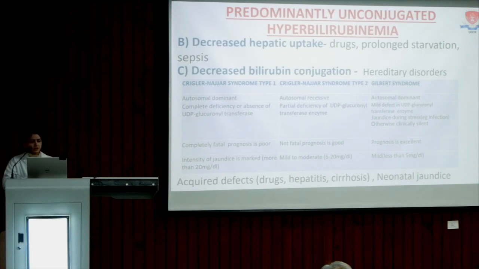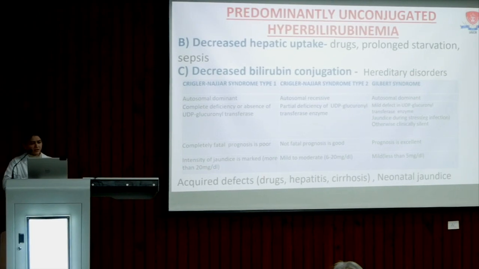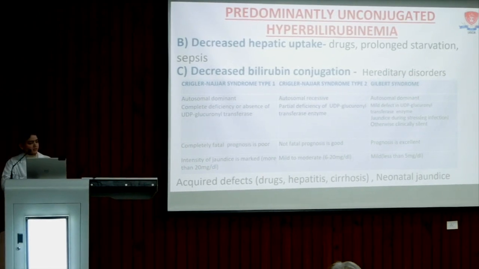So it is not fatal, and the prognosis is good. In Gilbert syndrome, there is a mild defect in UDP glucuronyl transferase enzyme. So these patients are asymptomatic, but the jaundice becomes evident during conditions of stress, for example, infection, starvation, physical exercise, or dehydration. And the prognosis is excellent in Gilbert syndrome.